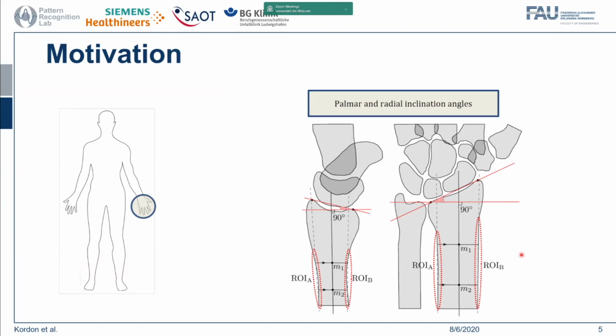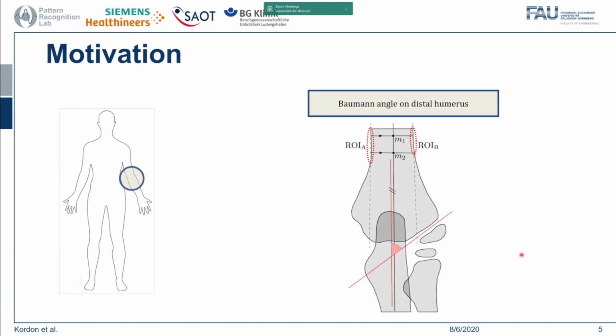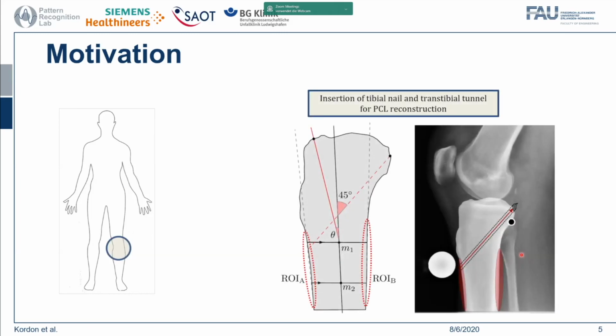Another application is the detection of the Baumann angle at the elbow joint, which is also directly conditioned on the bone axis of the humerus. And last but not least, besides many other applications, you have the knee joint, where a drilling path is planned with respect to the anatomical bone axis.